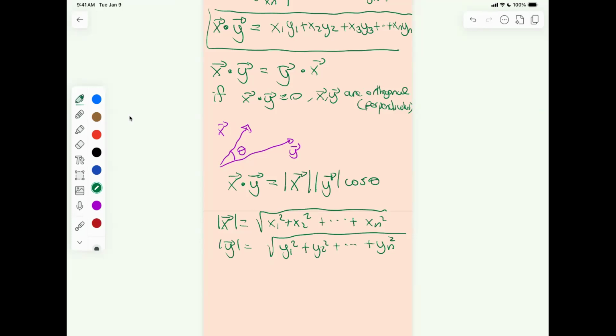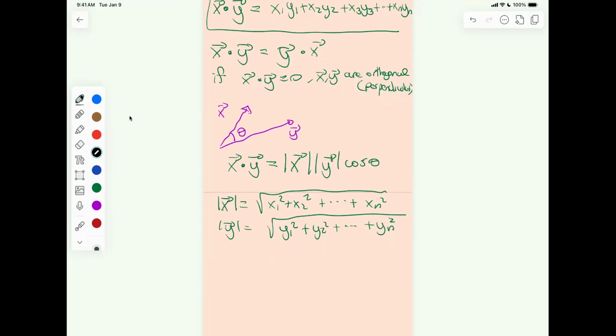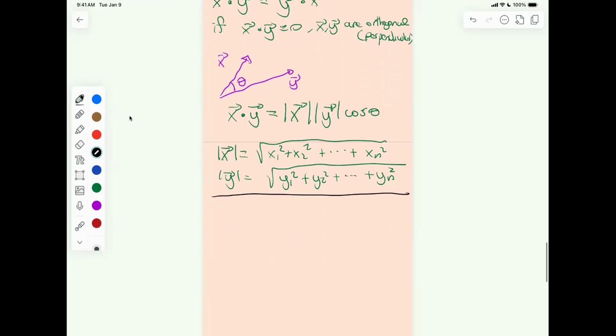Okay, the last thing I want to say for today, which is really cute, as I mentioned last time, is a special case of why this holds. Imagine that you have a function. Here's an important thing to know.